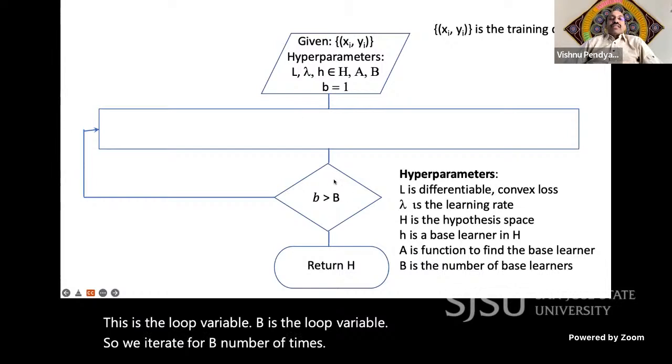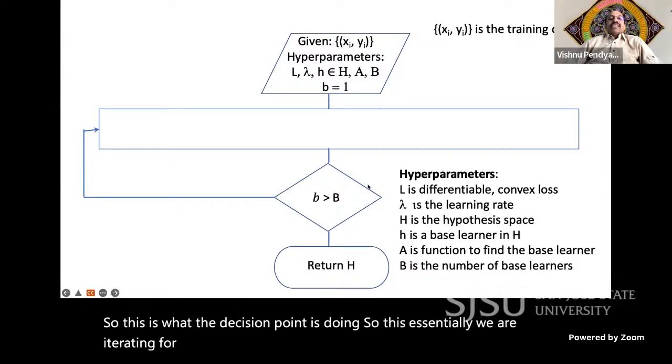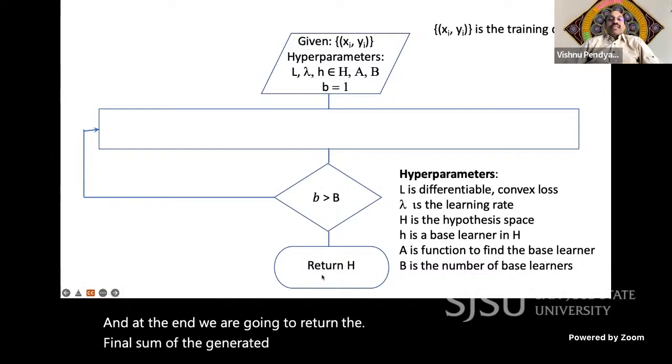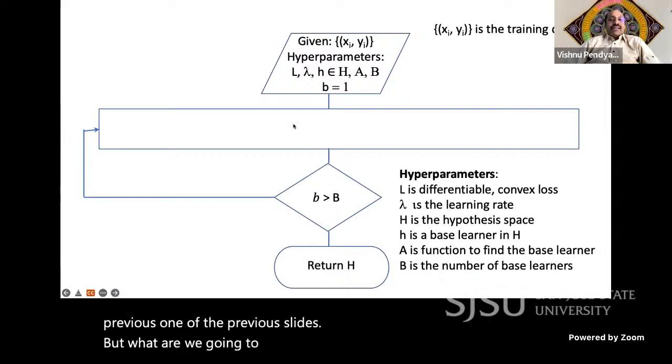So this is what the decision point is doing. Essentially we are iterating for B number of times, and at the end we are going to return the final sum of the generated predictions, capital H, like we saw in the previous slides. But what are we going to do at each iteration?